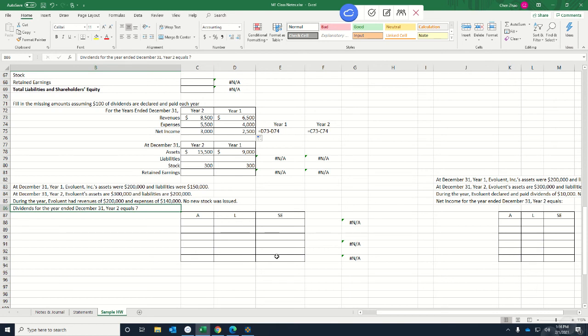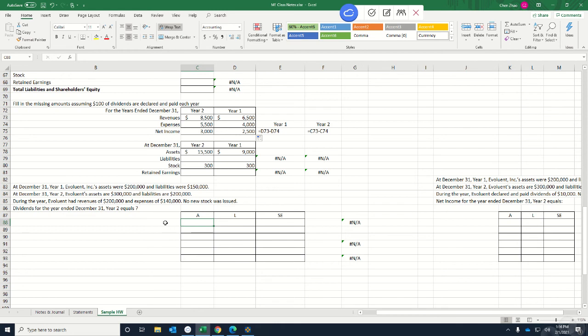So here we want to record our year one, and then we will squeeze out what happened in year two. So year one, A stands for assets. Assets are 200,000. And then liabilities were 150,000.